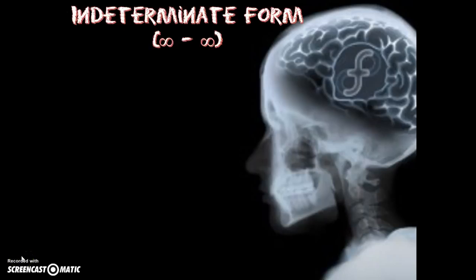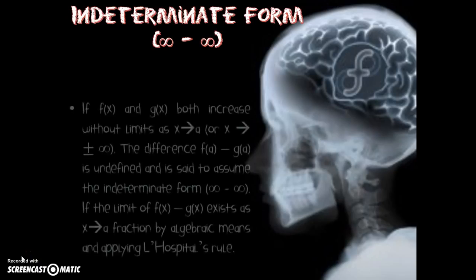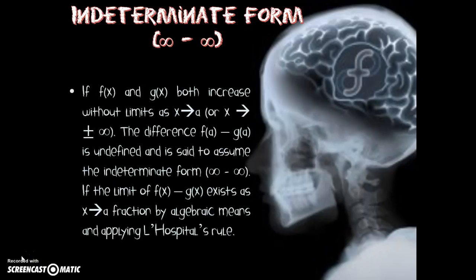For the indeterminate form of infinity minus infinity, if f of x and g of x both increase without limits as x approaches a or x approaches positive or negative infinity, the difference f of a minus g of a is undefined and is said to assume the indeterminate form infinity minus infinity.